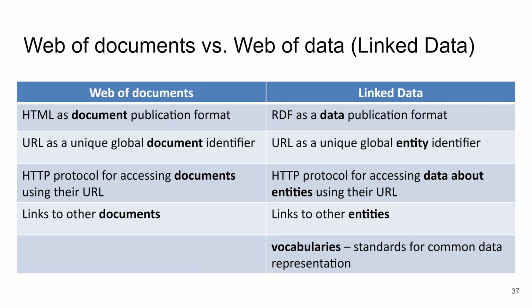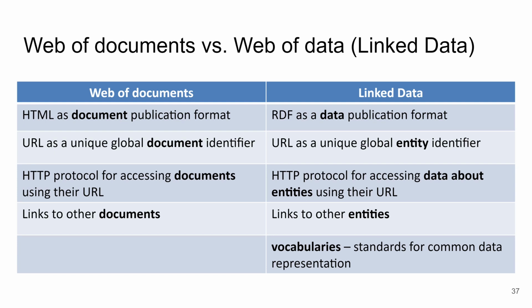And if we go back to the principles that made the web of documents work, and we compare them with the linked data principles, we can see that they are almost the same. For the web of documents, we had HTML as a single format to be used. In linked data, we have RDF as a single format to be used.